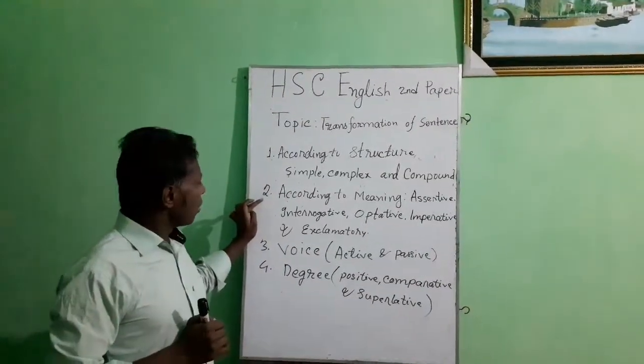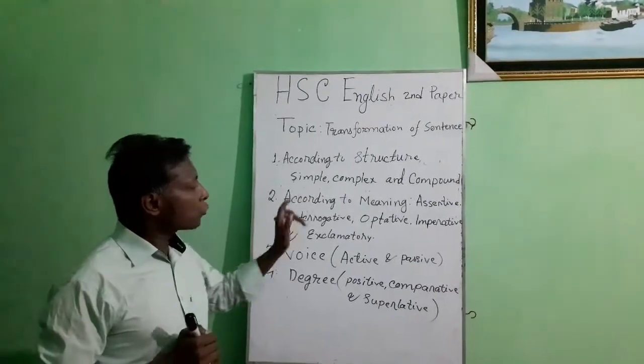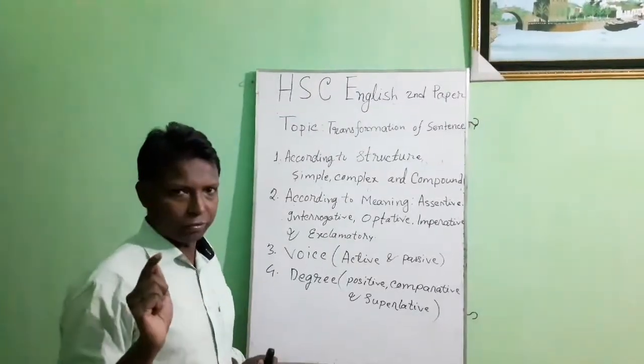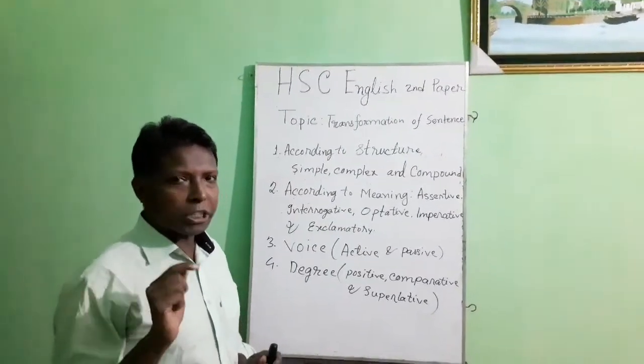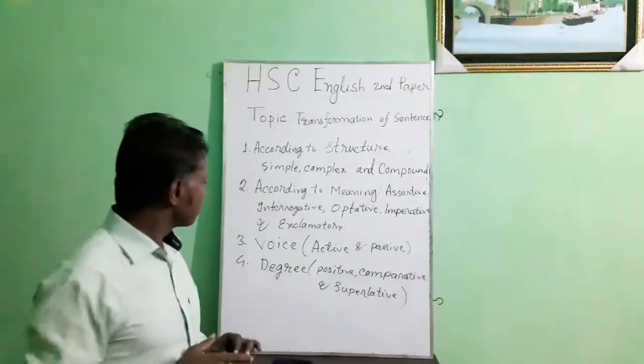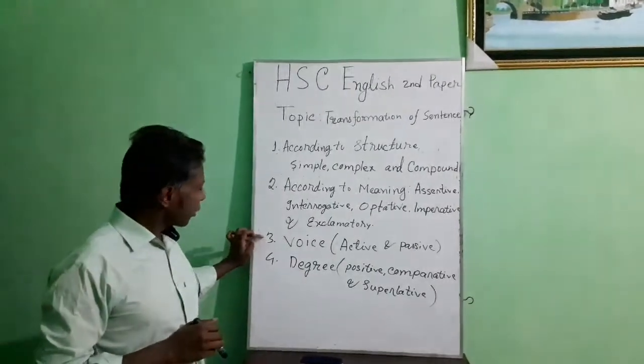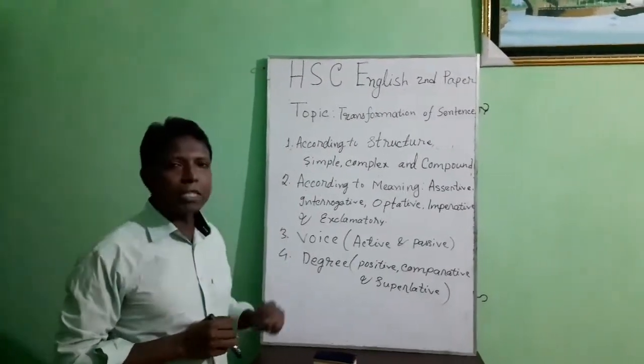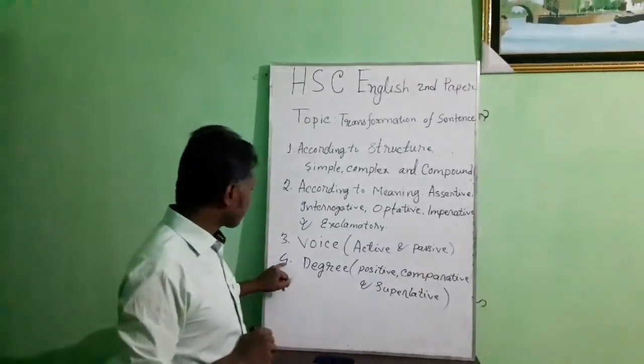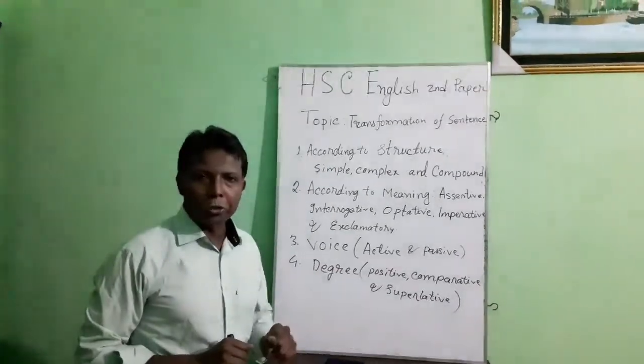In case of number 2, according to meaning, you will have one question, and one question equals 1 mark. And in the third criteria, from changing voice you will have 1 question, and from degree you will have 1 question.